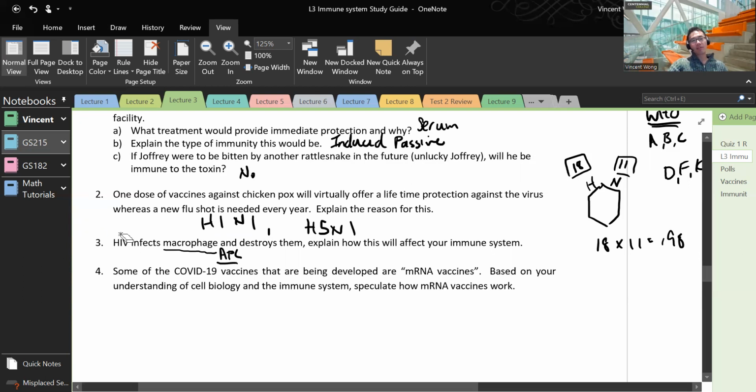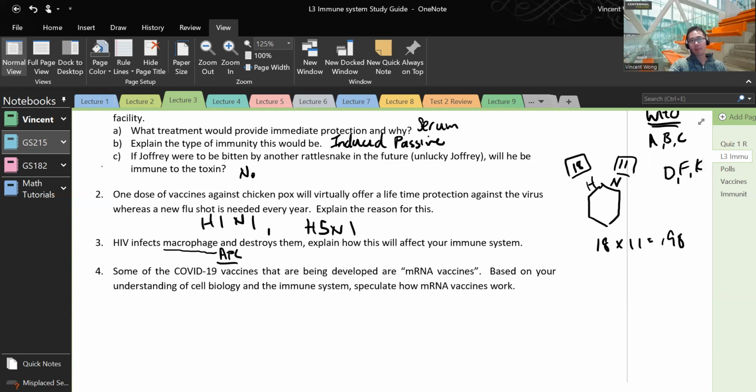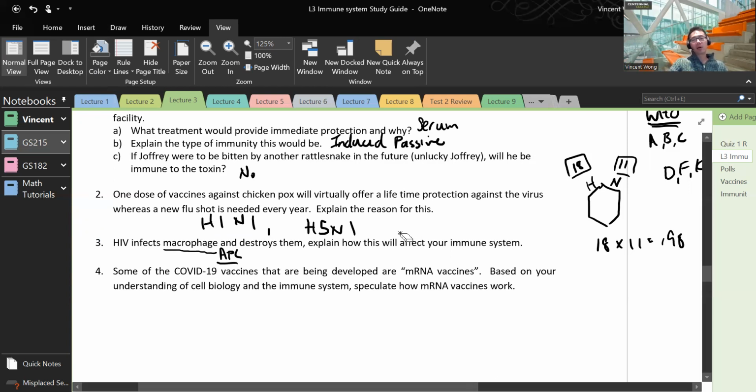People with HIV, people with AIDS, die from simple infections that healthy people would be able to fight off easily, things like the common cold, perhaps pneumonia. They're not able to mount an effective immune response against them because they lack the macrophage.